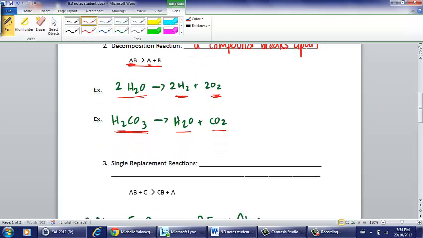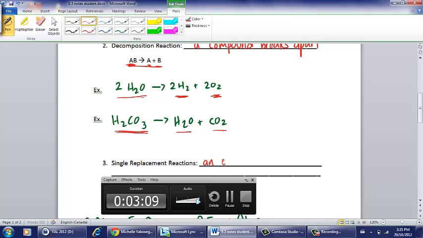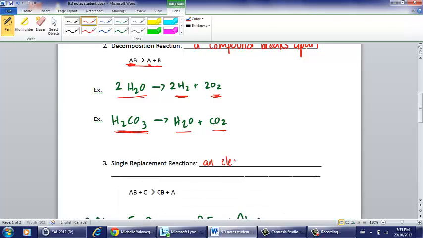Third type of reaction is something called single replacement. And this is when an element reacts with a compound and one of the elements in the compound is replaced.